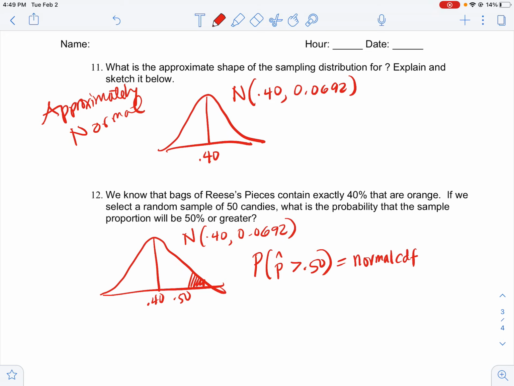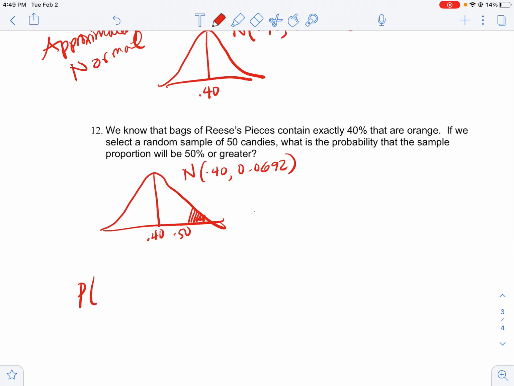Okay, so that is normal CDF, that's menu, probability, distribution in your calculator, and then you go to normal CDF. P hat is greater than 0.50, so I'm going to use normal CDF. 0.50 is my lower bound, and then I have 1,000 on the upper bound.